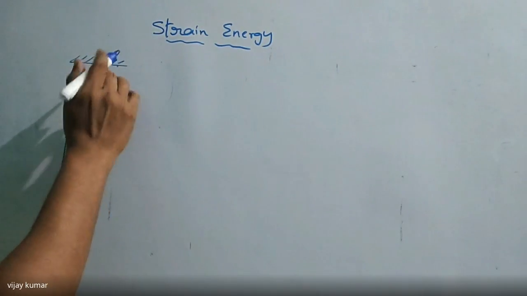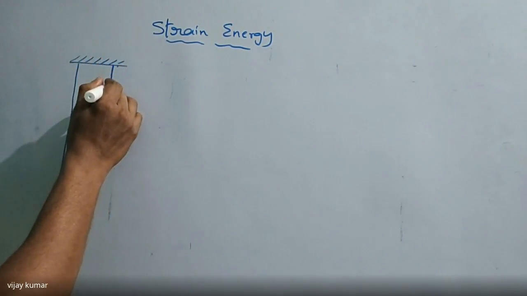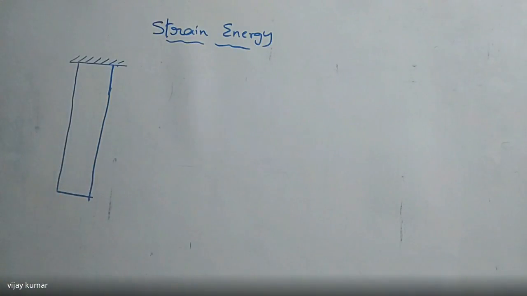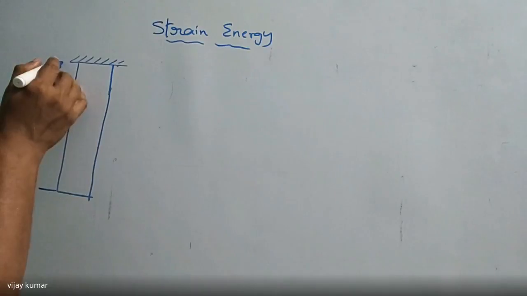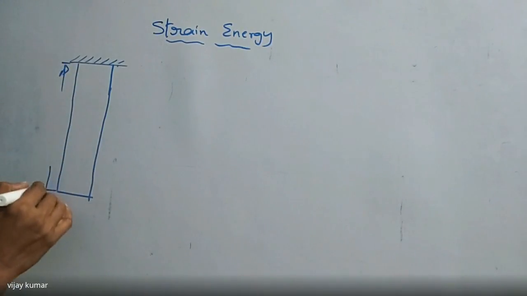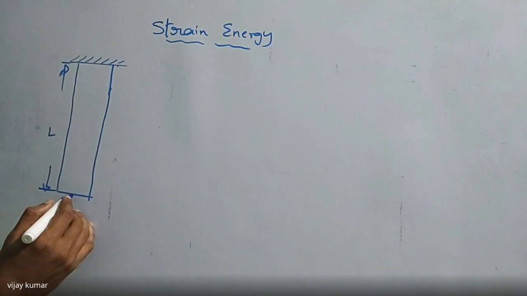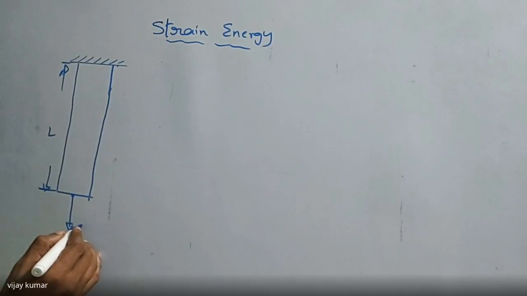It is like a vertical cantilever beam, hanging like this. This is the length of the bar, L. And here I'm going to apply some load, P, or we can write W also.